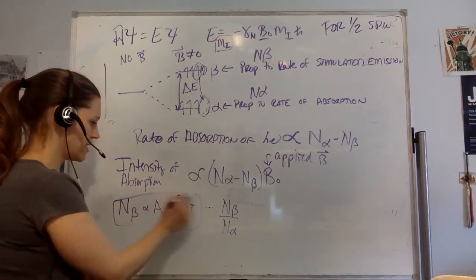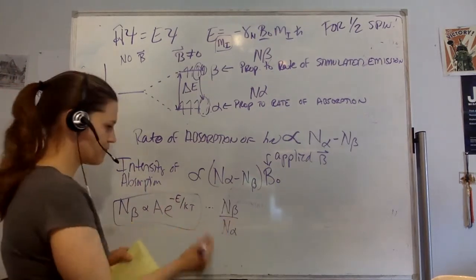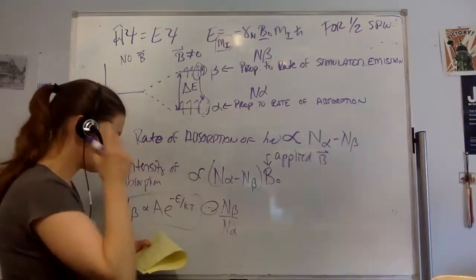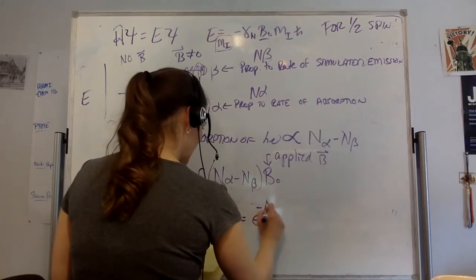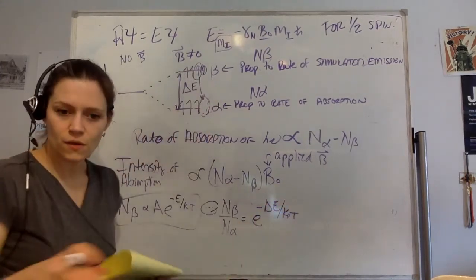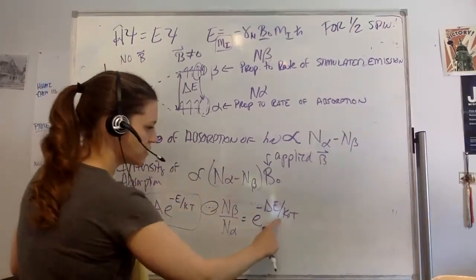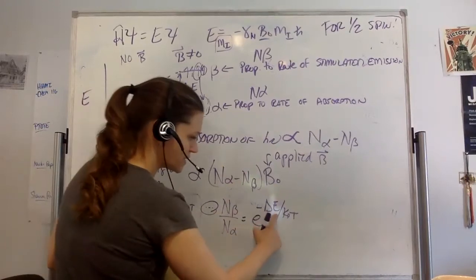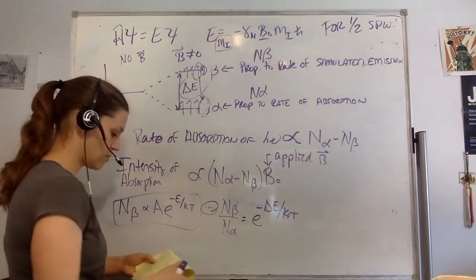Using this relationship from Boltzmann statistics, N beta over N alpha is equal to e to the minus delta E over kT. So now we look at the difference in the energy states, which is good because that's exactly what we want, and it's now related to the population difference.